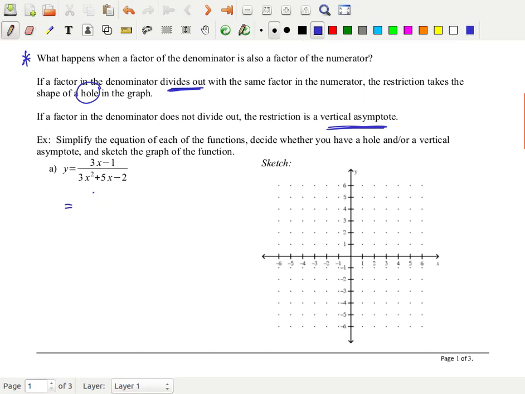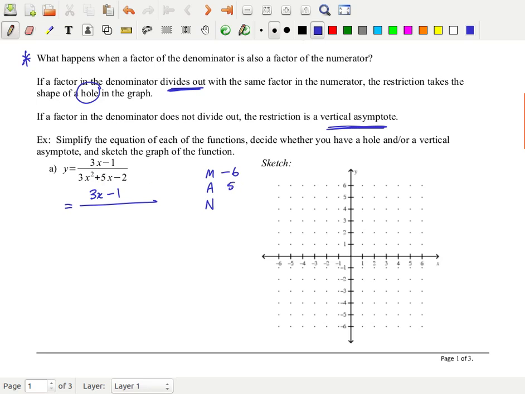That numerator is not factorable. 3x minus 1 is already in its simplest form. This denominator, we're going to factor by decomposition. The shortcut to decomposition is to break up these terms into 3 times negative 2, that is what they have to multiply into, and 5 is what they have to add into.